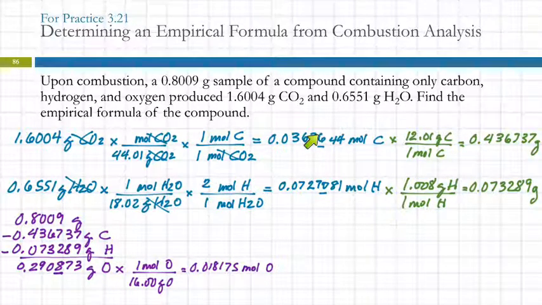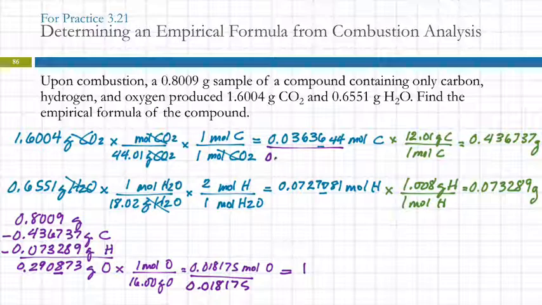I've got moles of carbon, moles of hydrogen, moles of oxygen. That's what I need for my empirical formula. I'm going to pick the smallest of them and divide all of them by the smallest. The smallest happens to be the oxygen. So that one's going to give me 1. And I'm going to divide this by 0.018175. I'm going to divide this one by 0.018175.